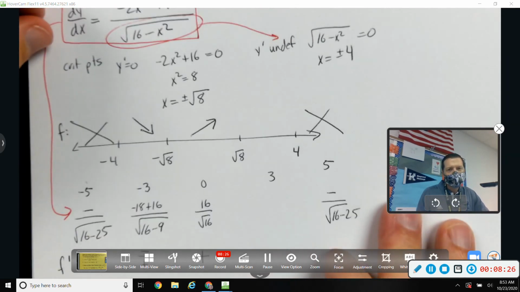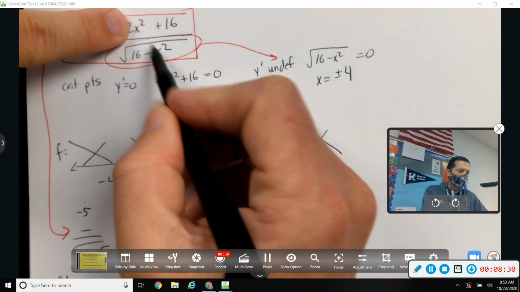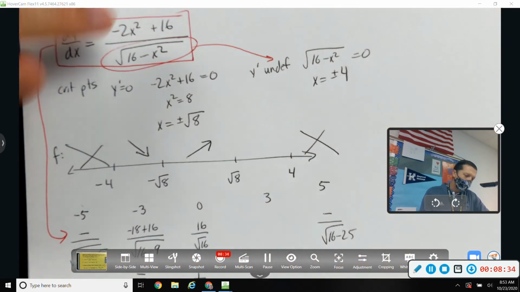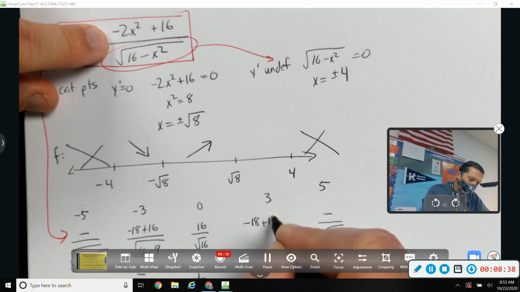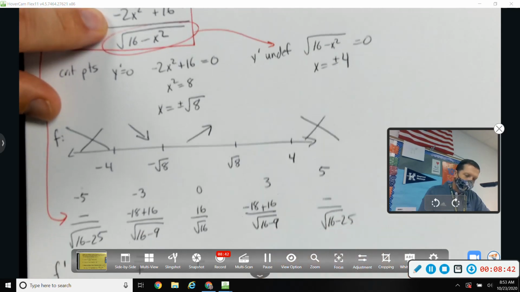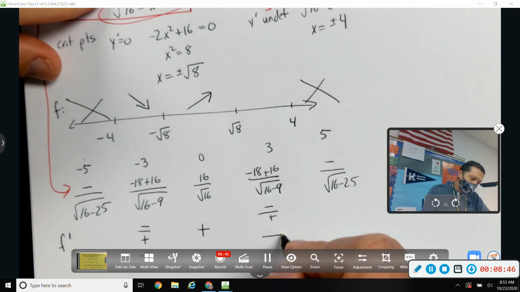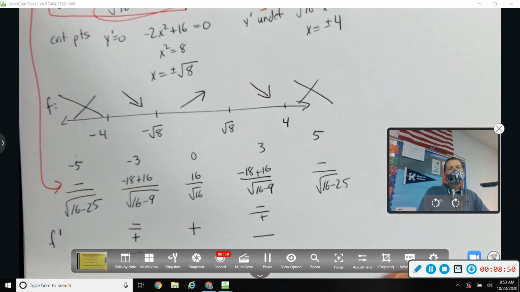And my guess is 3 will be decreasing, especially since the only x terms are squared, so whatever happened to negative 3 will happen to positive 3. But you can plug them in and see negative 18 plus 16 over square root of 16 minus 9. So negative over positive is negative. So F prime is negative, that means F is decreasing.